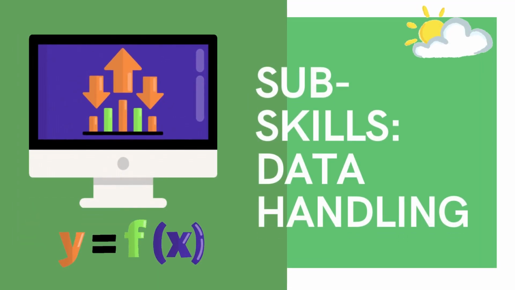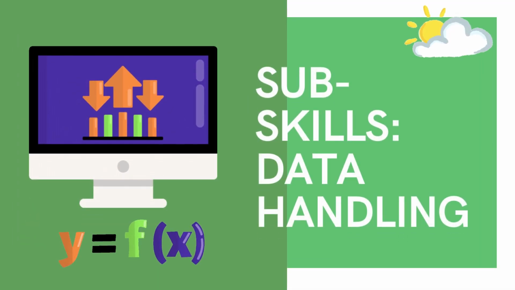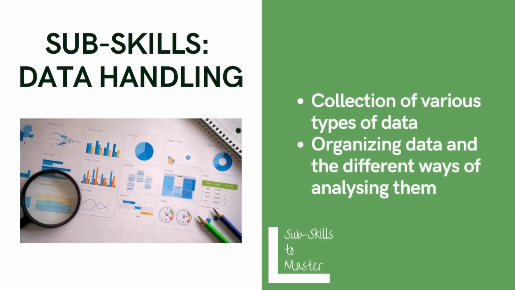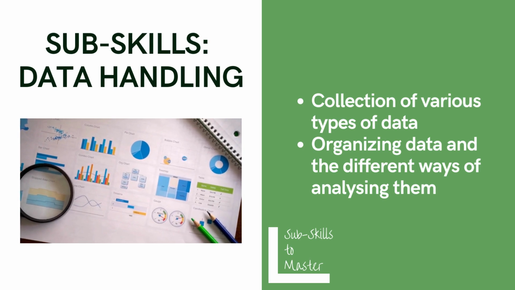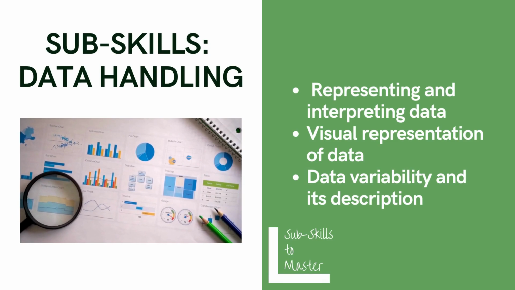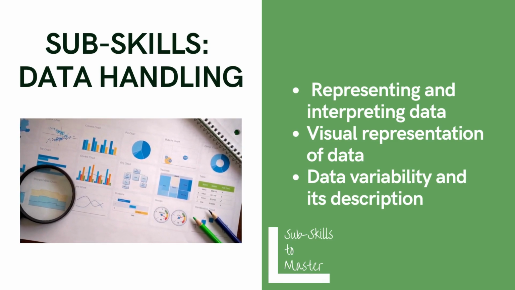Sub-skills under data handling are collection of various types of data, organizing data and the different ways of analyzing them, representing and interpreting data, visual representation of data, and data variability and its description.